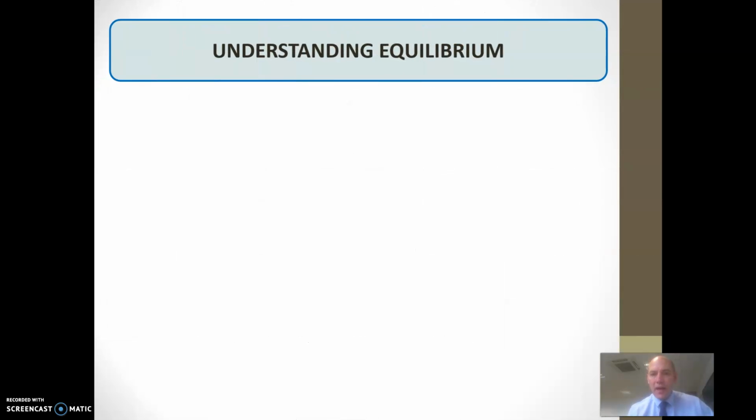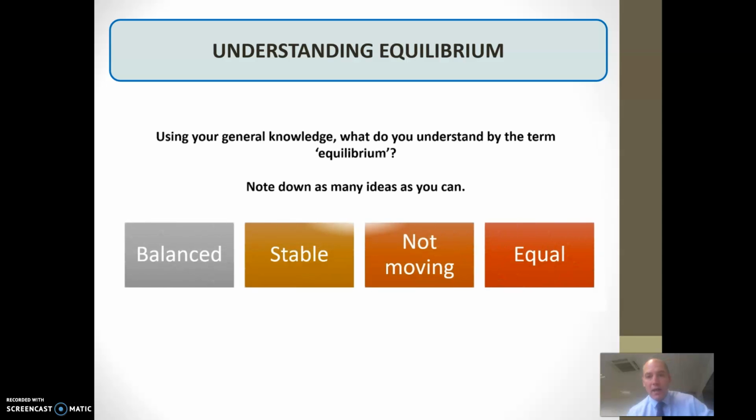Okay, you should have had enough time, and Mr. Dooley should have got some answers from you. In terms of what we're actually looking at, these are the sorts of terms that people often come up with. Something is stable or balanced, it doesn't move, it's equal.